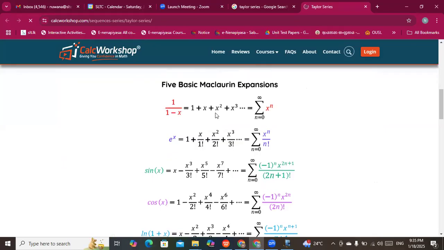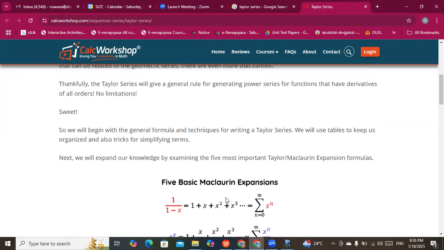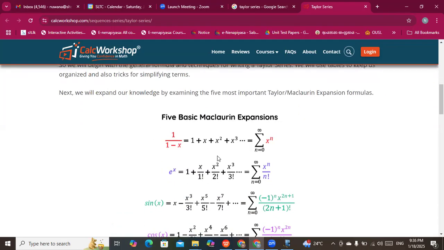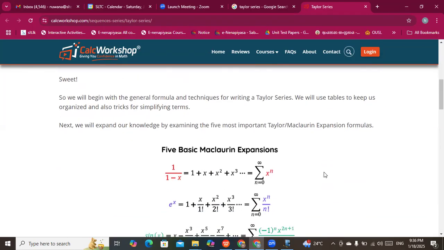Okay, so you can see that this is up to infinity. The Maclaurin expansion is under Taylor series. There are many Taylor series expansions. Normally Taylor series we use for infinite series.